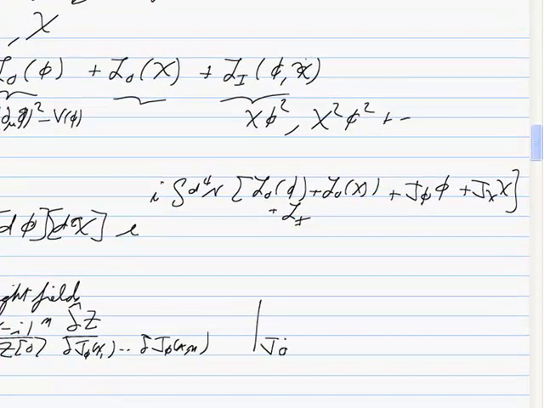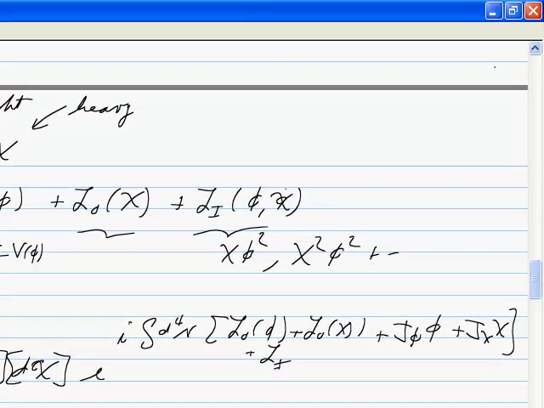At the end I'm going to set J_phi equal to 0. I left the argument out, but let's put it back in. This argument is a function of J_phi, but J_chi is set equal to 0, right? There's no J_chi because there's no derivative with respect to it, and at the end you set all the J's equal to 0 anyhow, so you can just set that equal to 0 from the start.